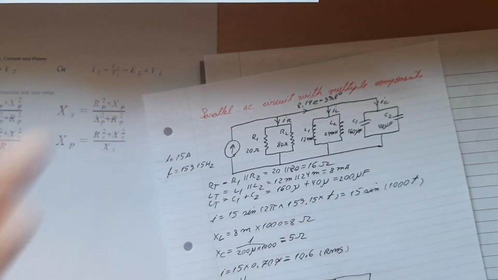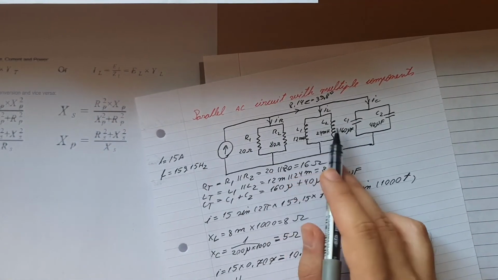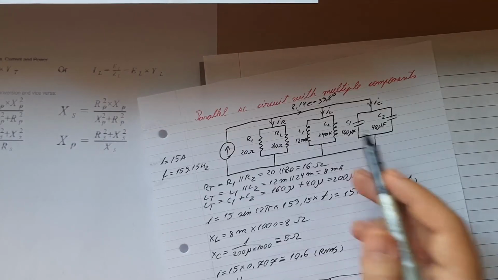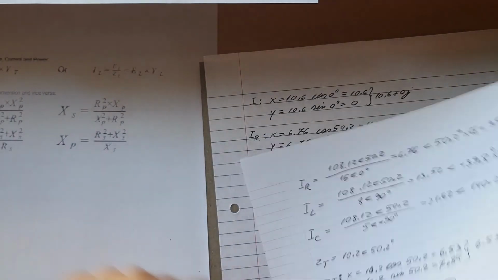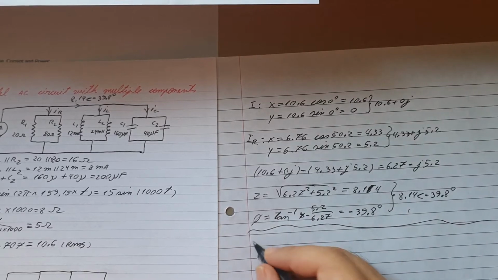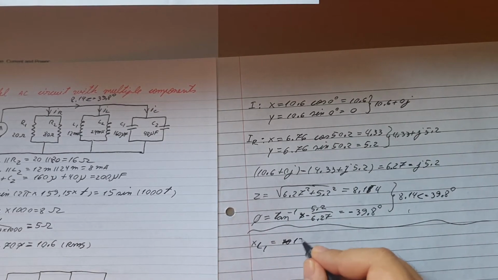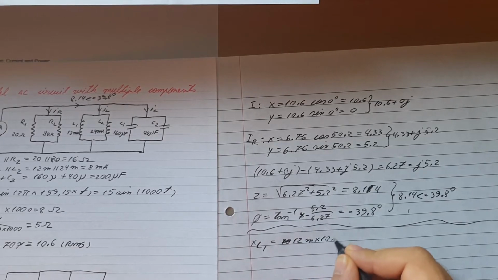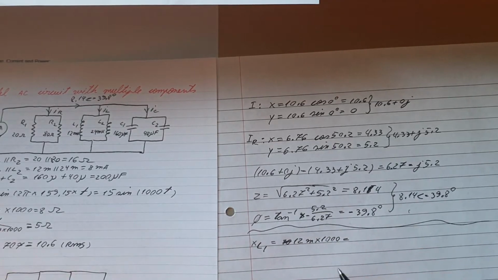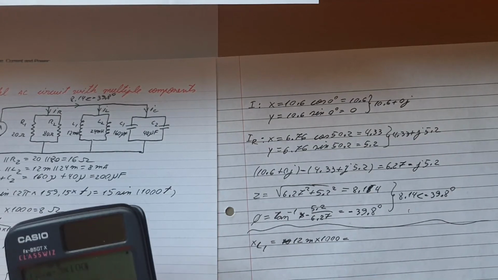Alright, now as I said, I'll show you how to calculate it separately as well, which is in this case here. So let's do that now. Okay, so we know the angular velocity, so we can easily calculate XL1 and XL2. So then XL1 will be equal with 12 milli times 1000. 12 times 10 to the minus 3 times 1000.